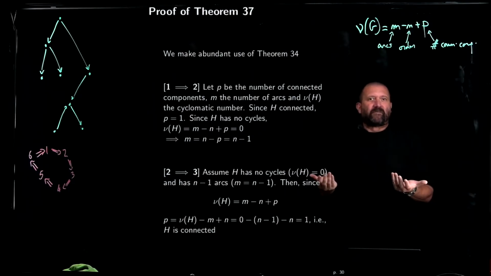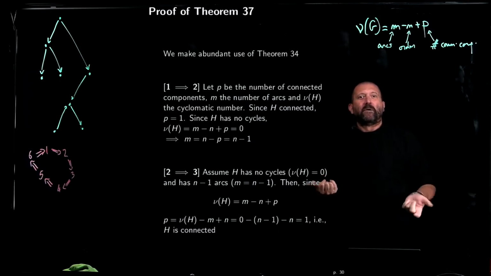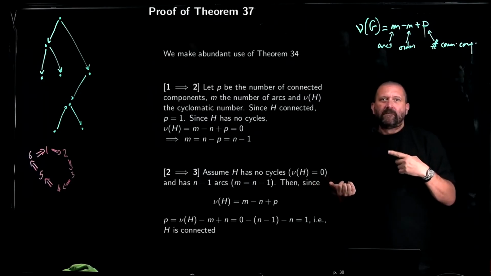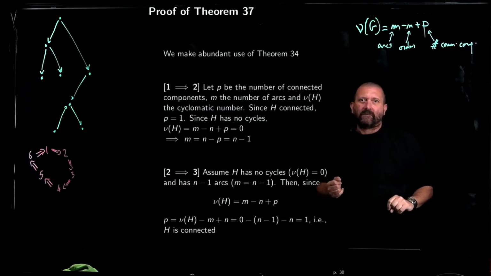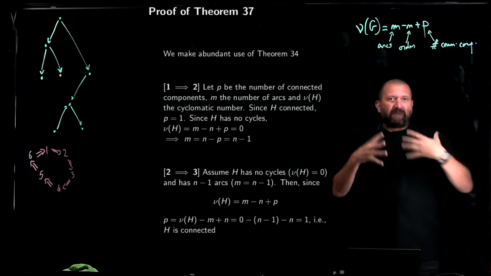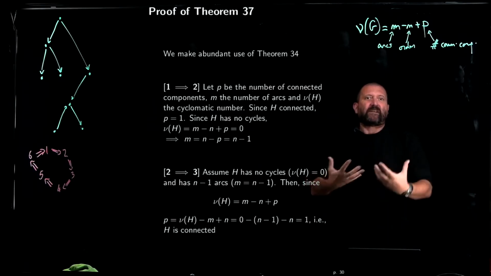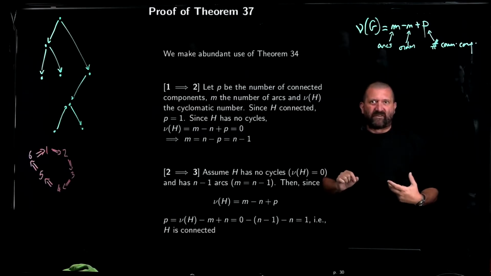So let's consider the number of connected components, the number of arcs, and the cyclomatic number. Because we're connected, that number here is 1. Because we have no cycles, I have no basis of cycles to express cycles in, so my cyclomatic number is 0.